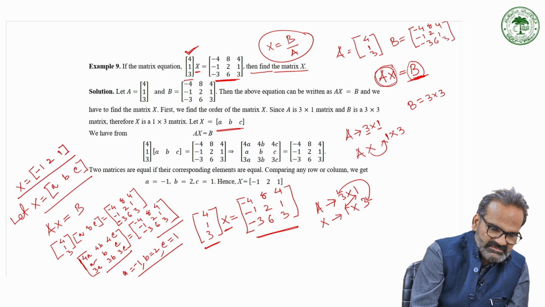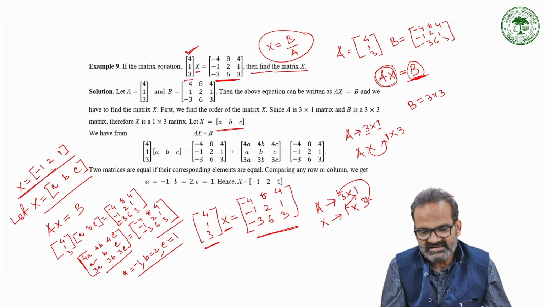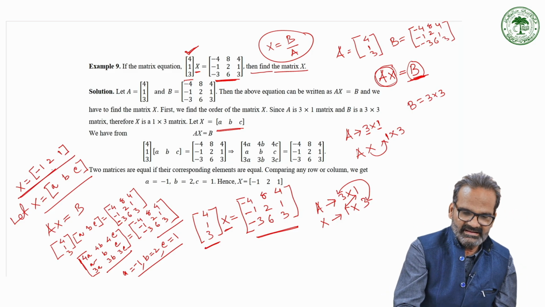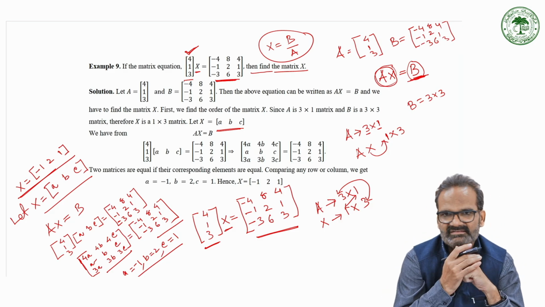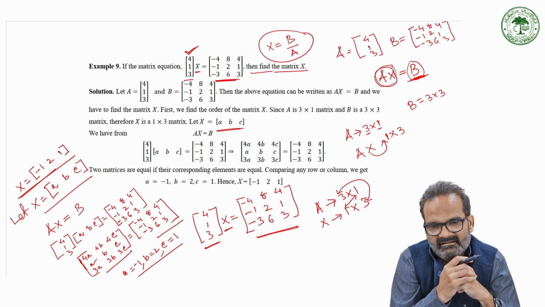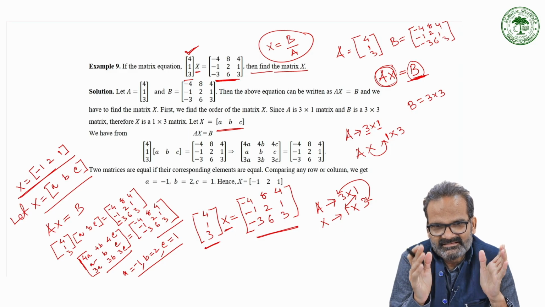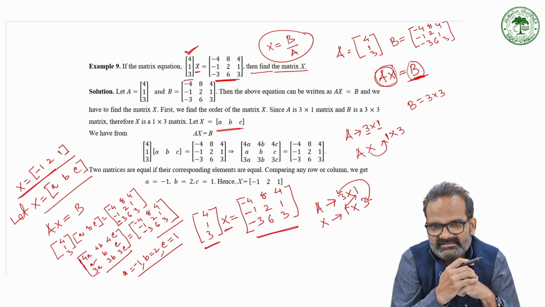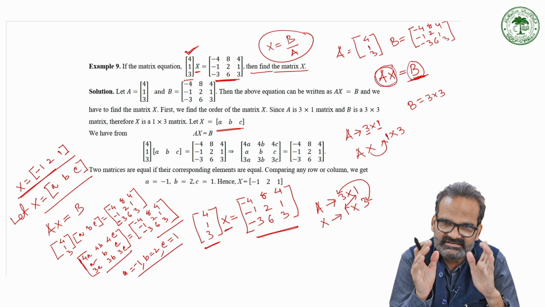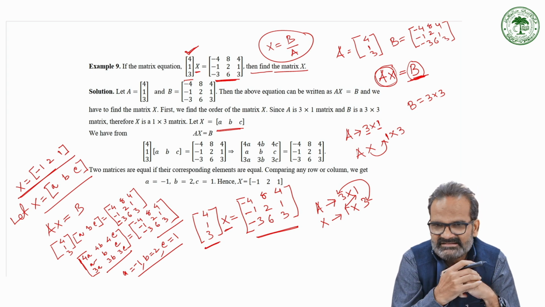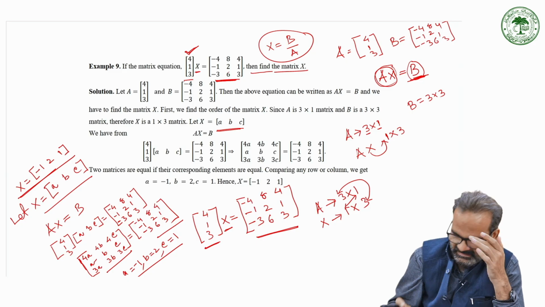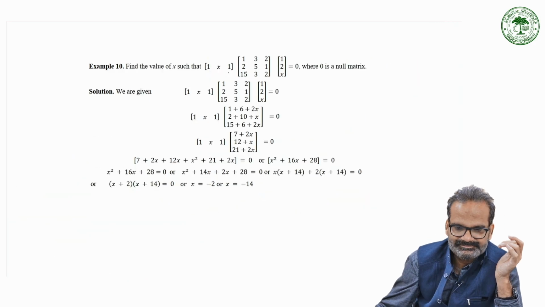So X is this matrix such that if 4, 1, 3 is multiplied with this matrix, then the product of these two matrices will be the matrix which lies on the right hand side. Clear? This is how we can solve any matrix equation to find the value of any specific matrix, in a very similar way as we generally do in the case of general equations, right?